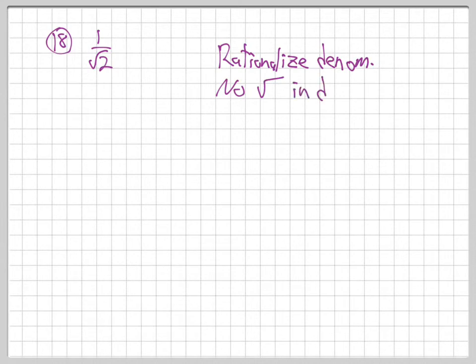This one will say, rationalize the denominator. And what that means is no root in denominator at the end.